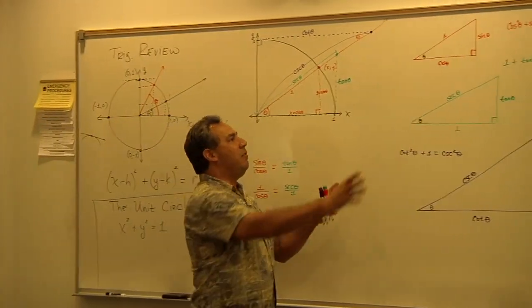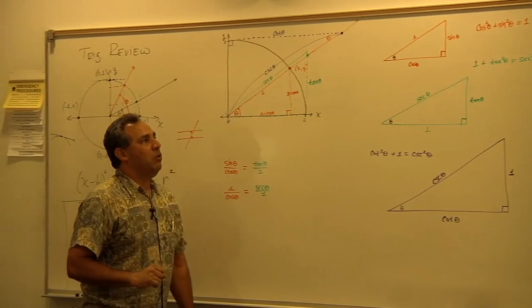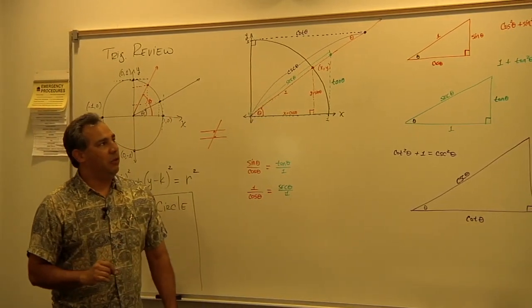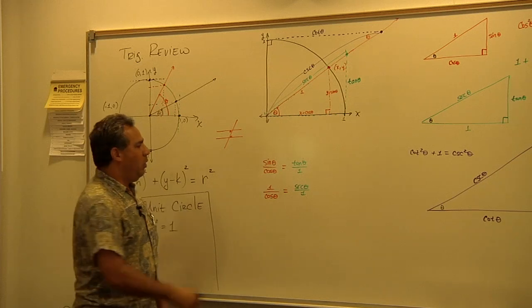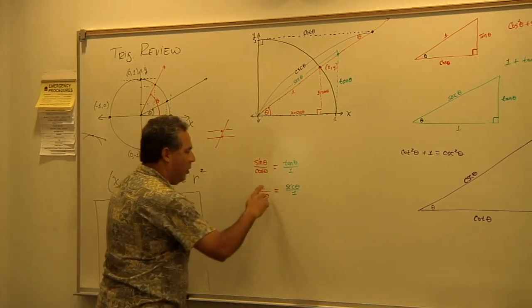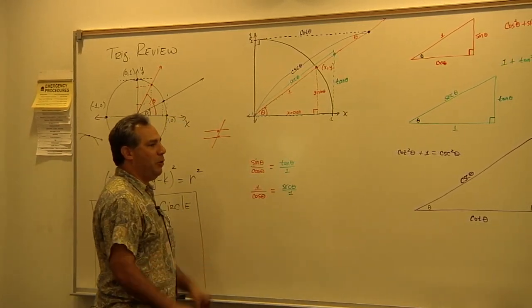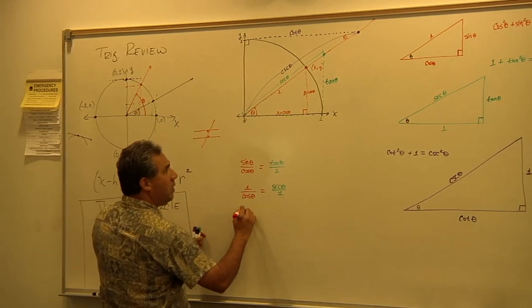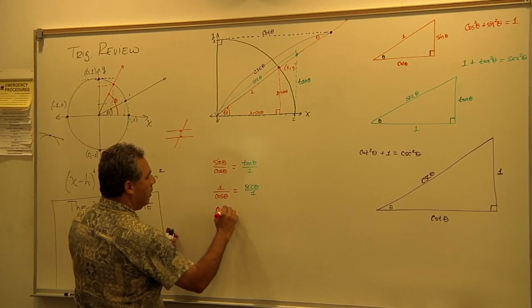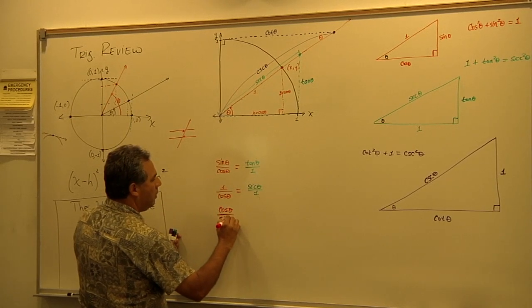Okay, now that we have our 3 Pythagorean identities, we're going to analyze the relationships of the similar triangles, the corresponding sides. We know sine over cosine is tangent. 1 over cosine is secant. Now it opens up a whole new world because we can see, what can we say about cosine theta over sine theta?